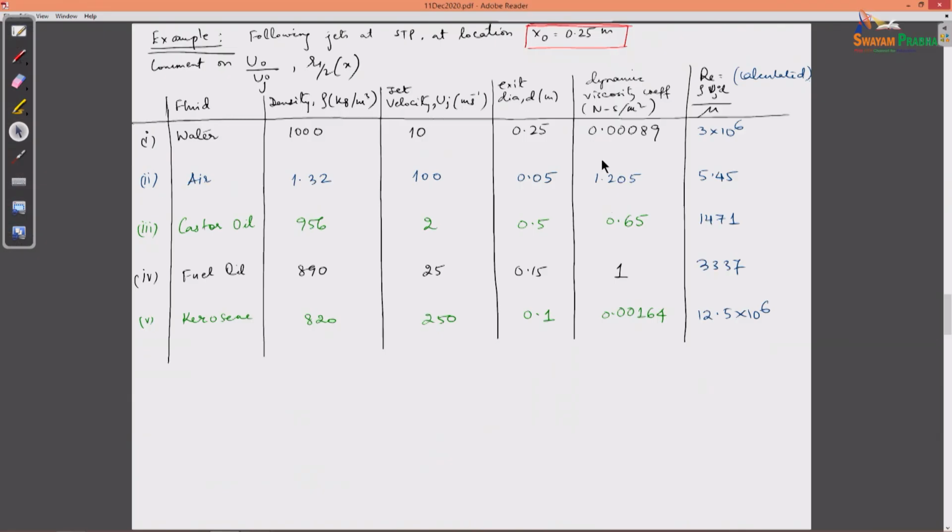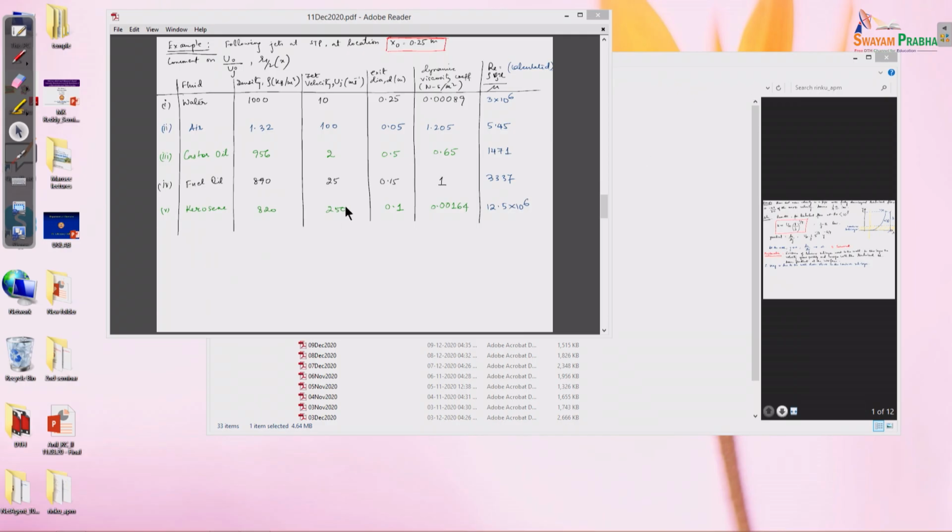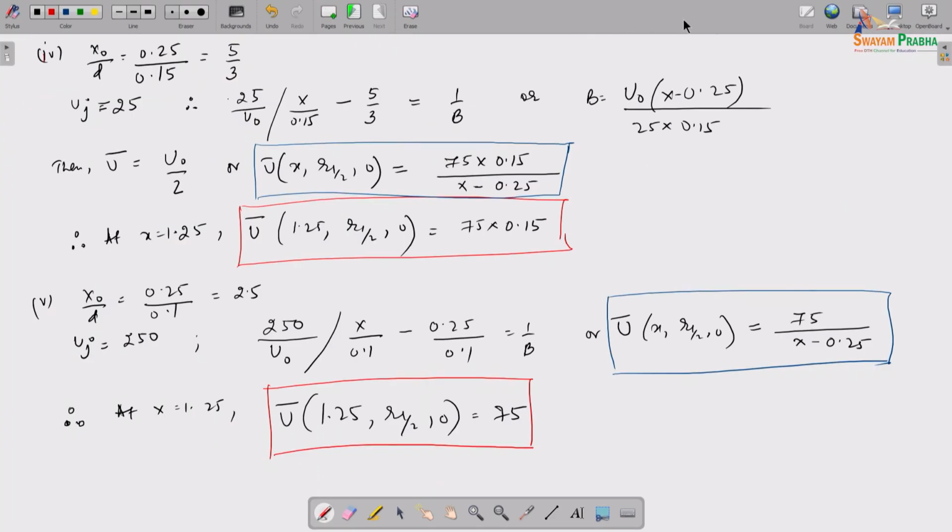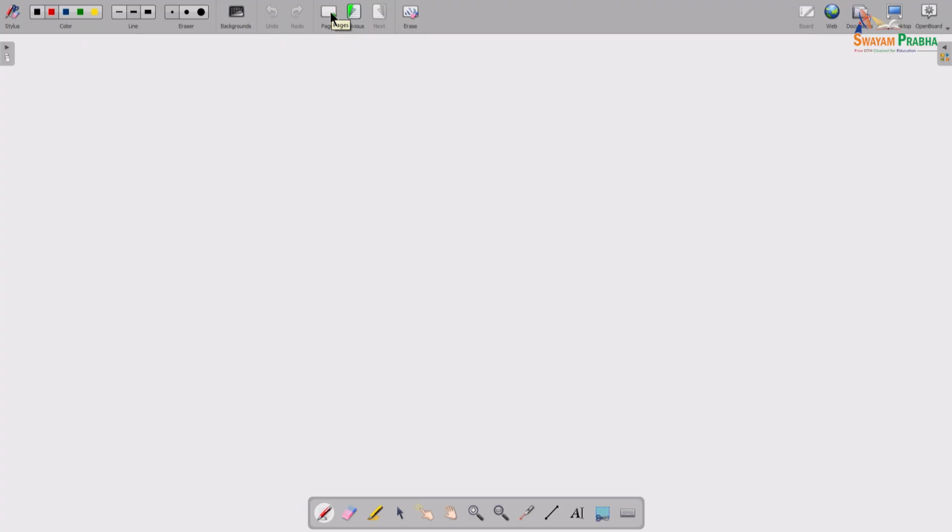If you see this, I have written down the Reynolds numbers here. So the water, air, castor oil, etc. Let's go ahead and tabulate that. I'm going to write out the mean values, and also some of these values.